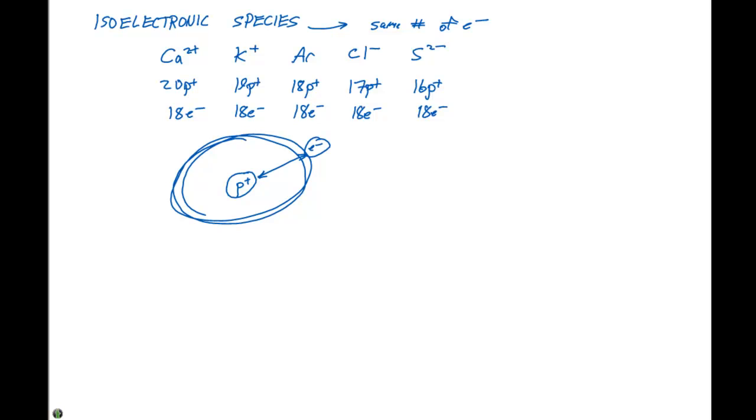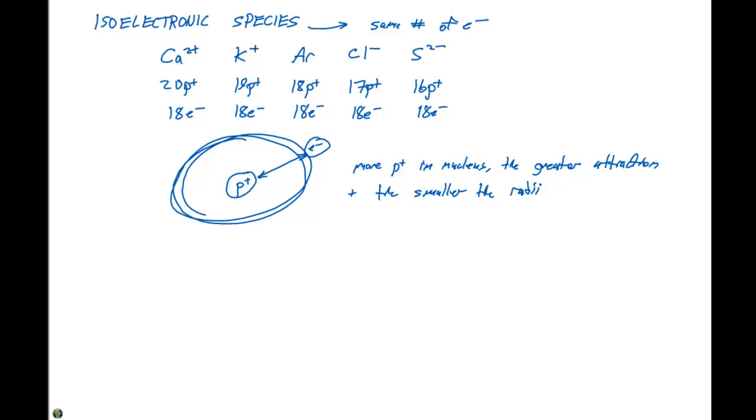And there's going to be a force of attraction between the protons and the electrons. So the more protons in the nucleus, the greater the attraction, and the smaller the radii.